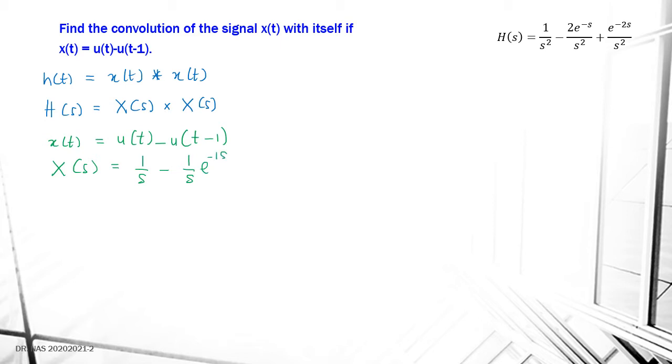So this is your X(s). To solve the convolution, your H(s) is equal to X(s) multiplied with X(s). So it is equal to 1 over s minus 1 over s e to the minus s, multiplied with the same function.